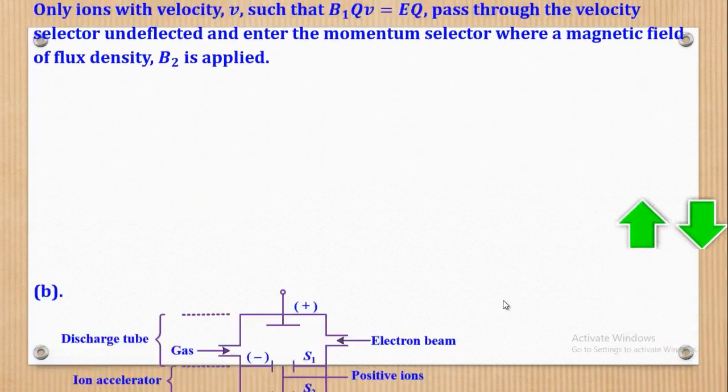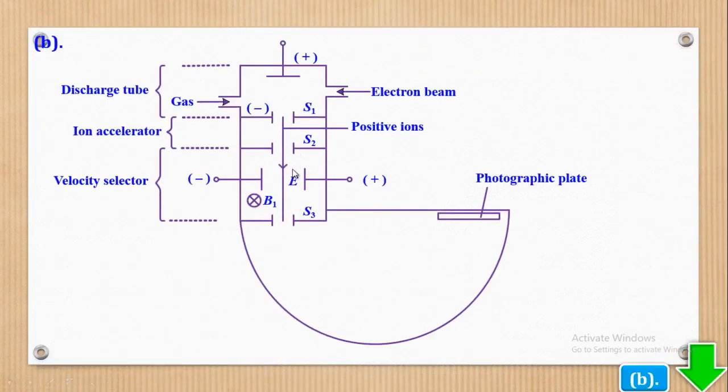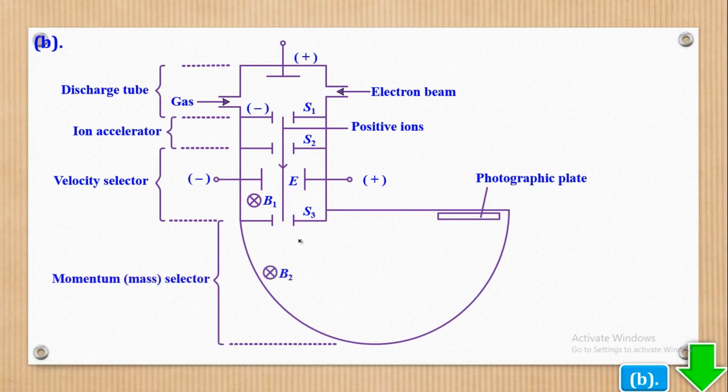So that means that these ions which are undeflected have the required velocity, and the ones which don't have the required velocity will be deflected away. So the momentum selector is the whole of this chamber here, and it has a magnetic field of flux density B2. So we shall come and show that B2. So that is line 3.